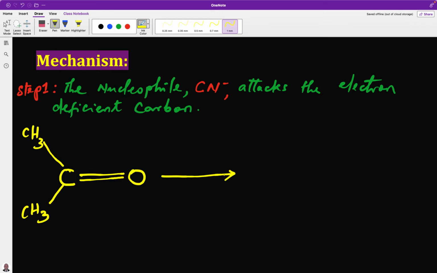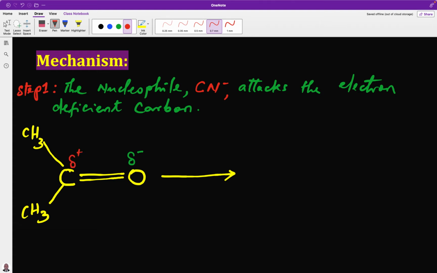Of course, the reaction. Now, their charges. This is a partial negative, and this is a partial positive.